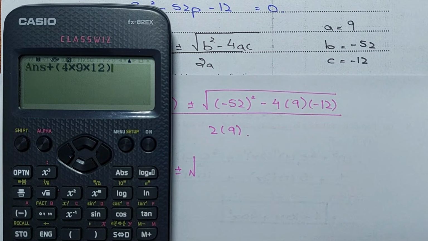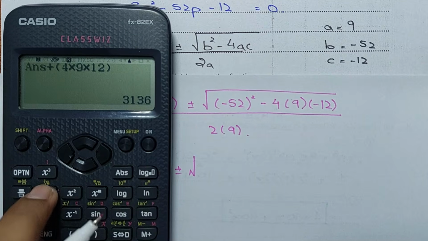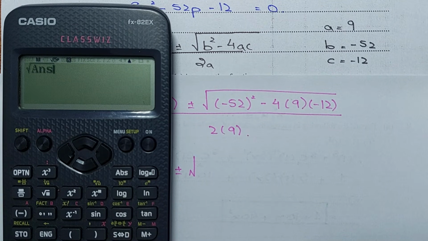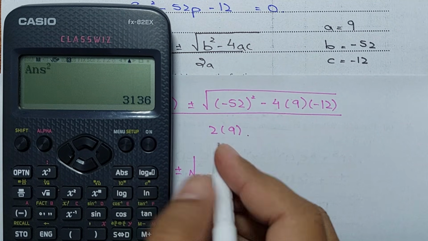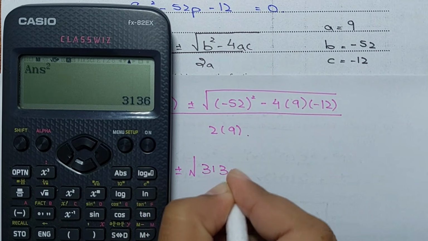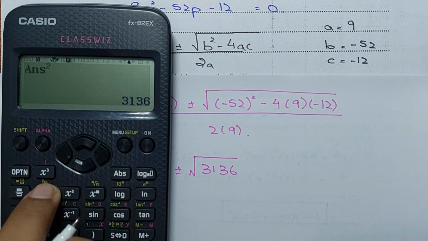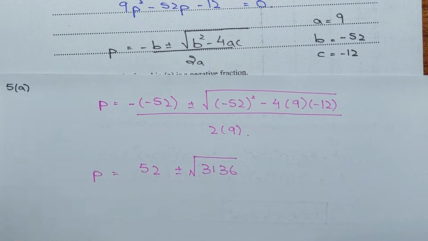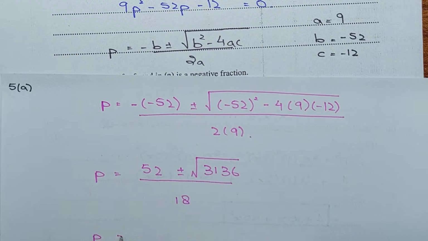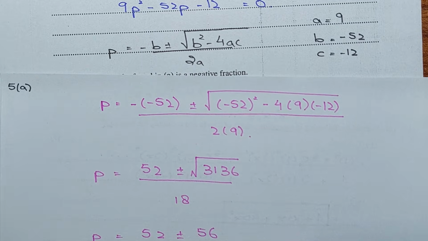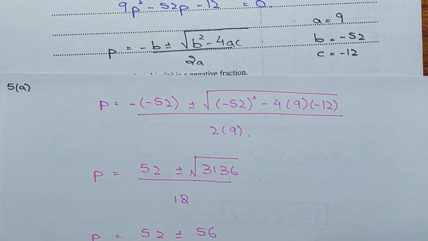Negative times negative makes positive is this, and what is the root of this? 3136, and the root of this is 56. Okay. Divided by 2 times 9, which is 18. So P would be equal to 52 plus or minus 56 over 18. The square root is 56, right?